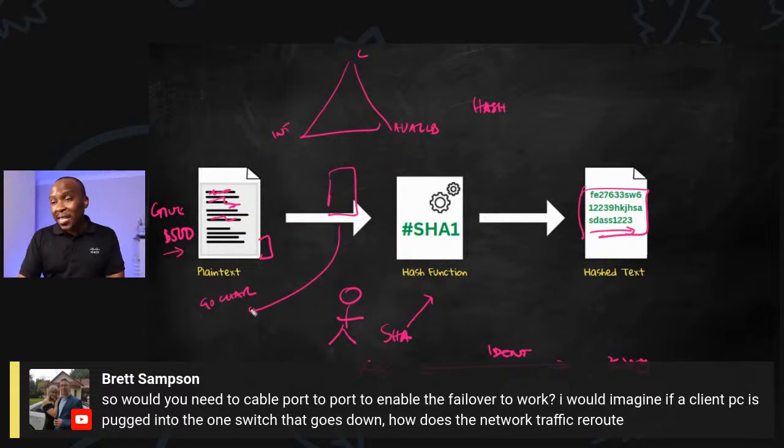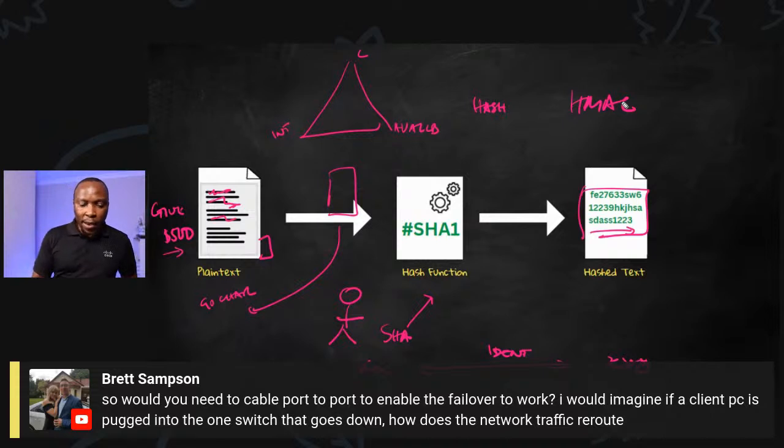When the hash gets run, there's a very, very high chance the hash value would be the same. So in order to protect against that, they came up with HMAC, which uses an additional key on top of the hash function to protect so that you can't reverse the hash.